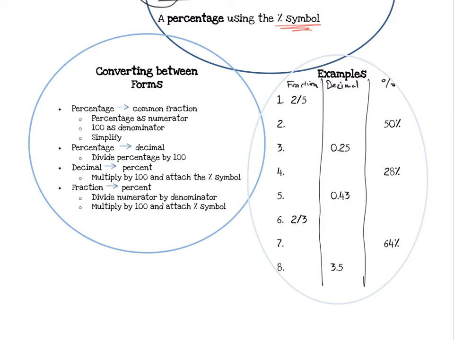I'm just going to look at 50% here, and do some work over here on the left side. If you want to change 50% into a fraction, you take the actual number of the percent, in this case 50, divide by 100, and simplify that down, which in this case would be 1/2.